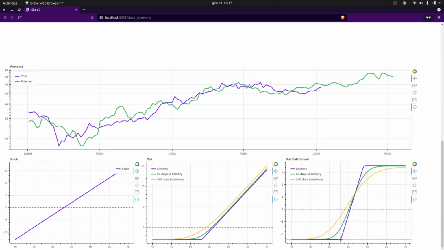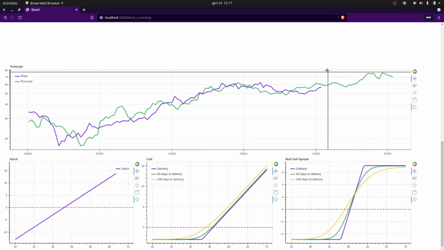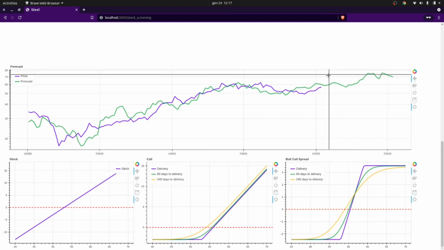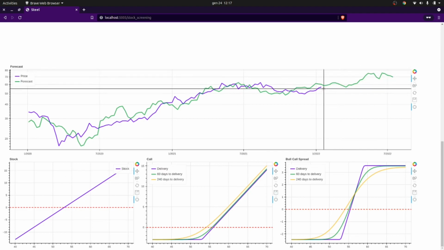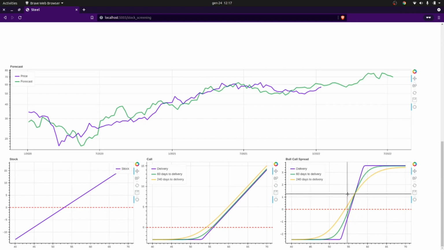We have a bound in the loss and a bound in the gain, because of course we can experience the price going to infinity. Therefore also the gains are bounded somehow, and sometimes it's more convenient to employ this bull call spread because it's a cheaper strategy.